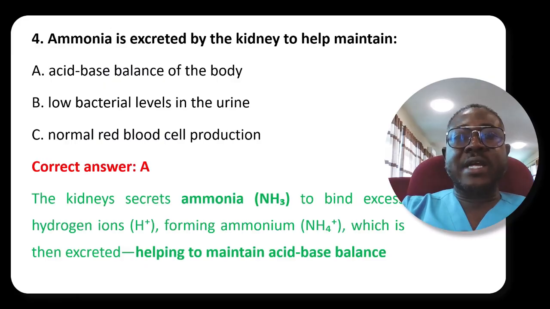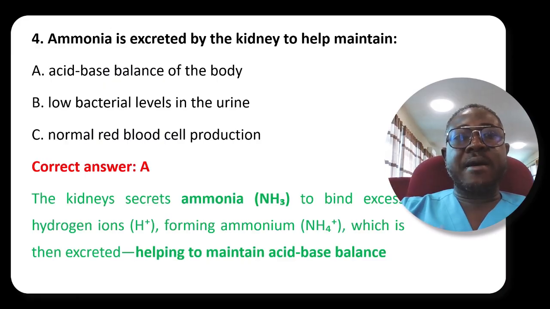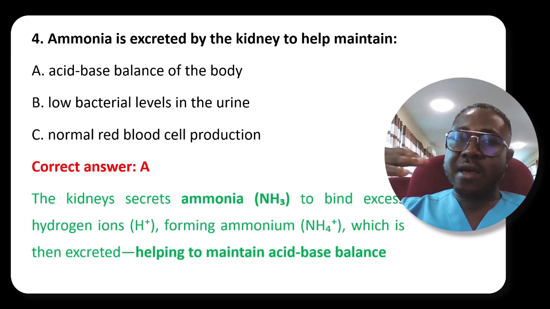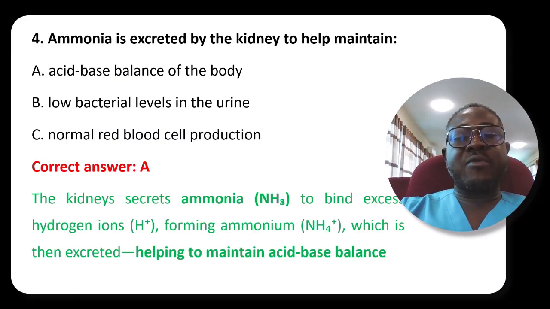And when the ammonia binds with the hydrogen ion, they become what? Ammonium. And that can be what? Excreted. So it means that when there's acidosis, the kidney compensates by secreting ammonia, so that the ammonia will bind with the hydrogen.